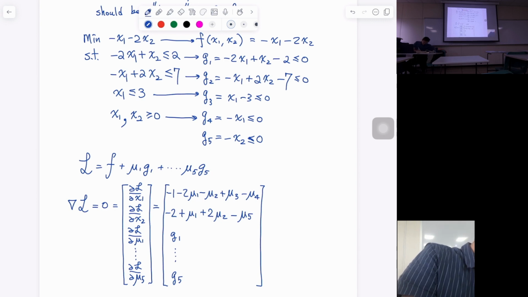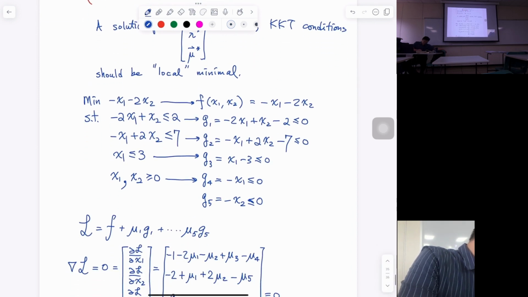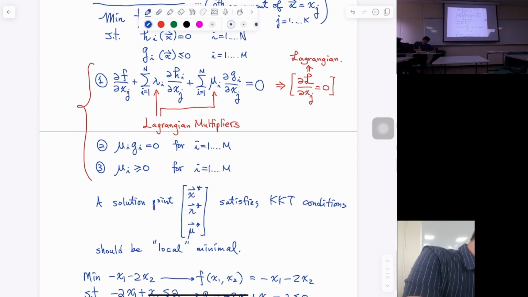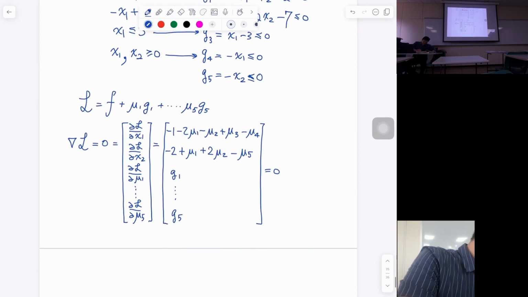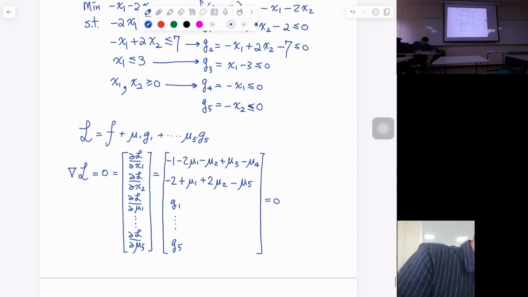Okay, and this equals 0. Every one of them equals 0. Is that right?